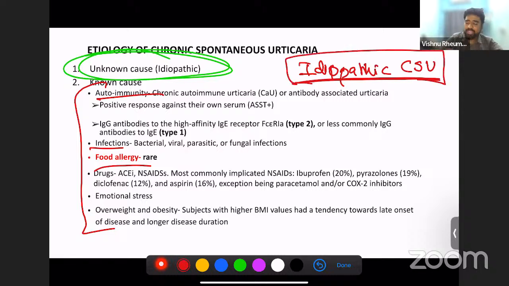This diagnosis basically says that this patient is having urticaria, but we have gone through the possible inducible causes, acute causes, and various etiologies of chronic spontaneous urticaria also, but still there is no diagnosis, then you call it idiopathic CSU.